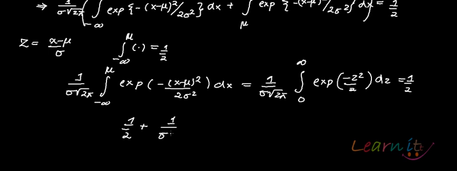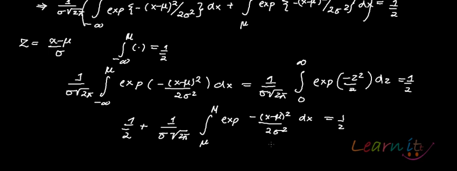So it is 1 upon sigma root 2 pi, integral from mu to m of e to the power minus (x minus mu) square upon 2 sigma square dx should be equal to half.